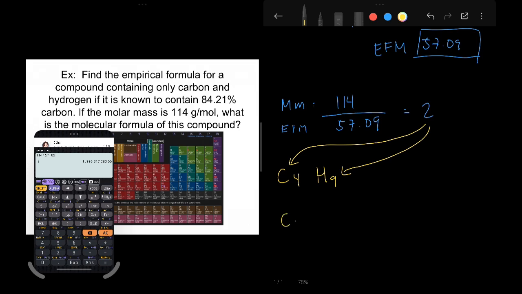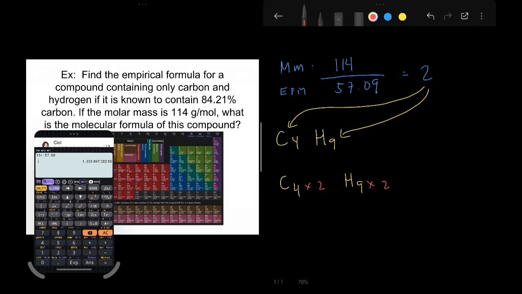So C4 multiplied by 2, and then hydrogen 9 multiplied by 2. So our molecular formula will be carbon 8 and then hydrogen 18. So this will be now our molecular formula.